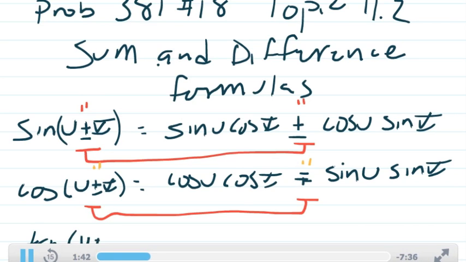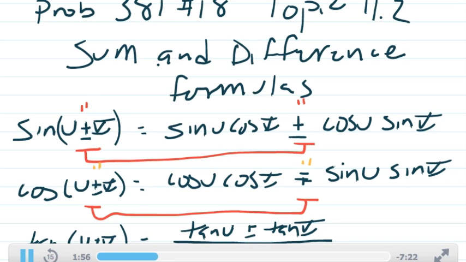And then finally, there's tangent of u plus or minus v is equal to tan of u plus or minus tangent of v. Try to remember to put crossbars on my v's so you can tell what they are. And then this is 1 minus or plus tan u tan v.